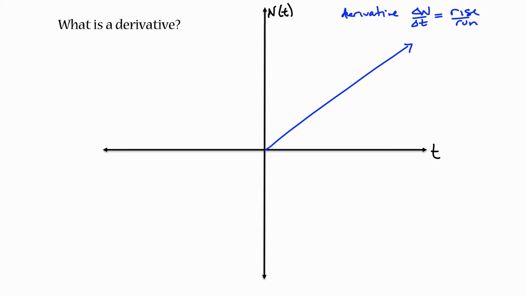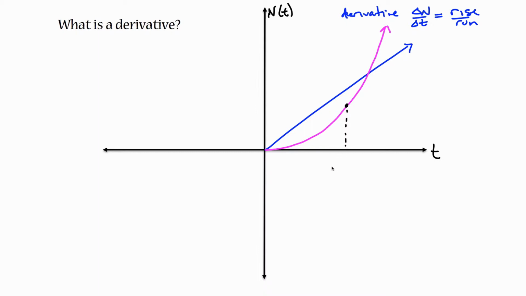But what if my population isn't growing in a straight line? Or isn't changing in a straight line, I should say, because most of the time it's not. What if my population number is increasing in a curvier way, like this? And I want to know the population growth rate at a particular point. Let's say here.